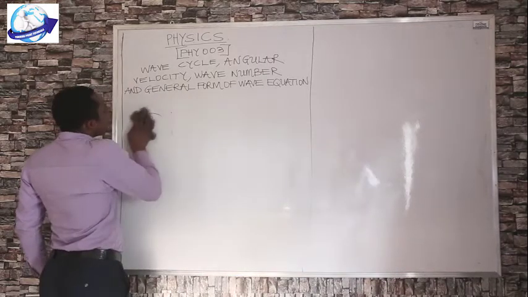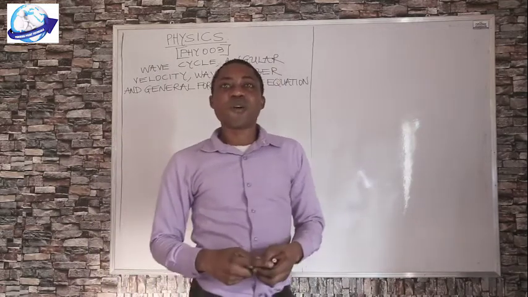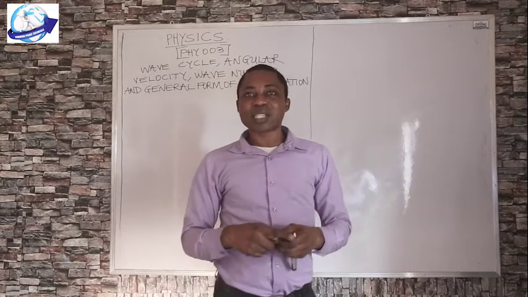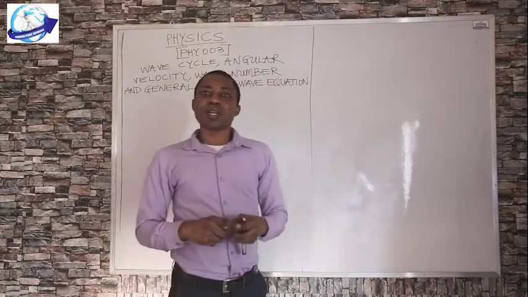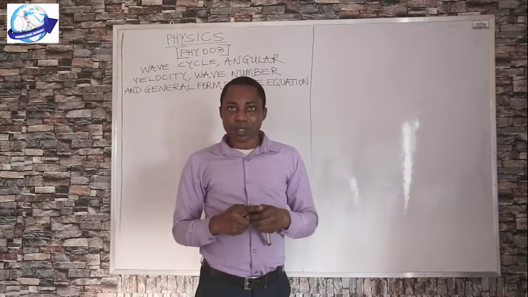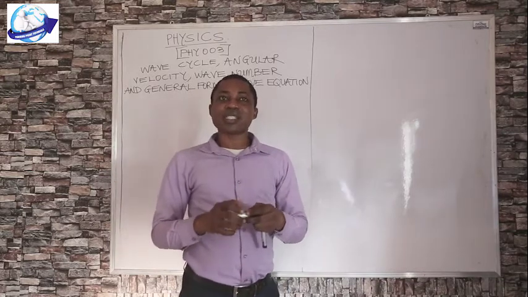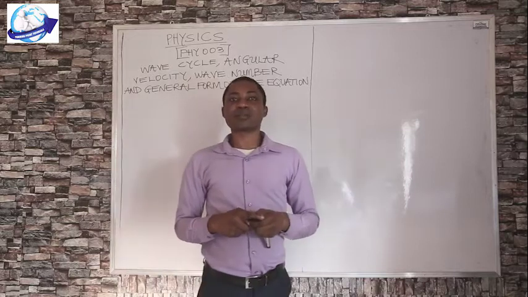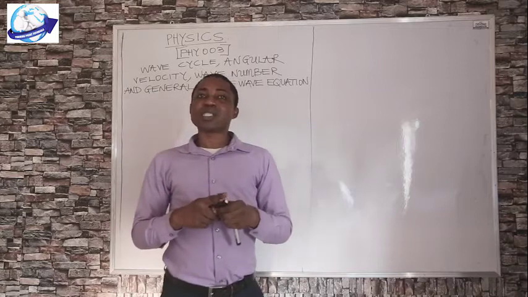Angular velocity of a wave, omega, is the ratio of the angular distance, theta, covered by the wave to the time taken.